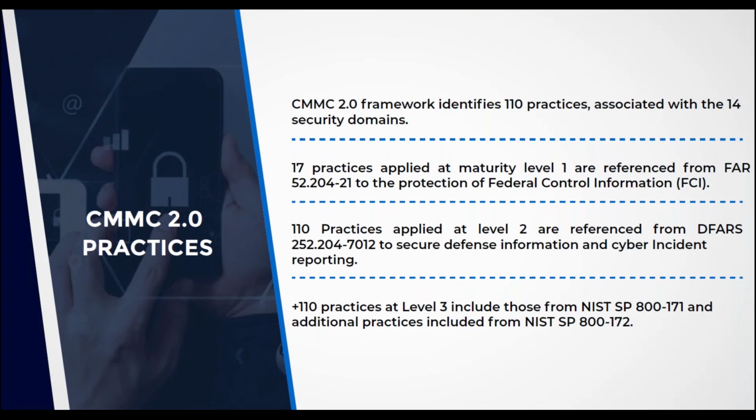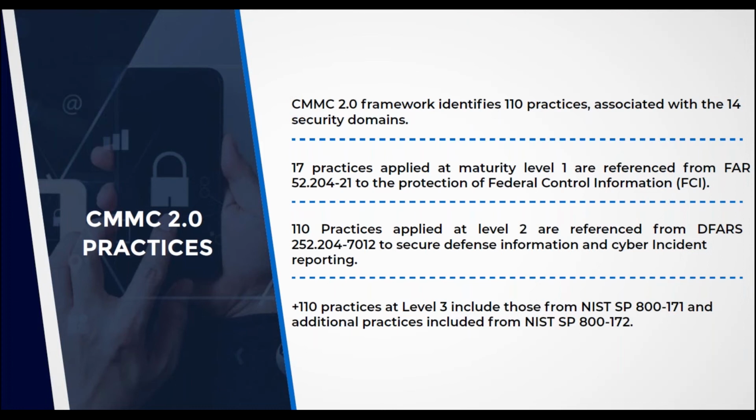Now, the 17 practices apply at maturity level 1, and the 110 practices that apply at level 2 are referenced from the DFARS, the Defense Federal Acquisition Regulation System, to secure defense information and cyber incident response.